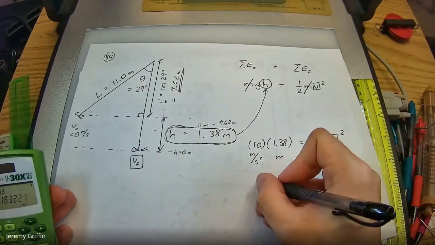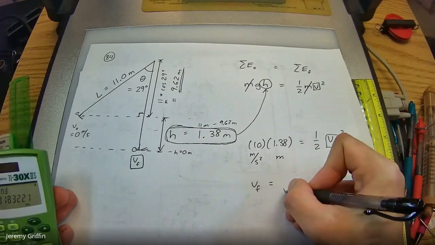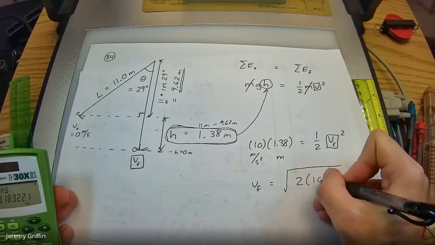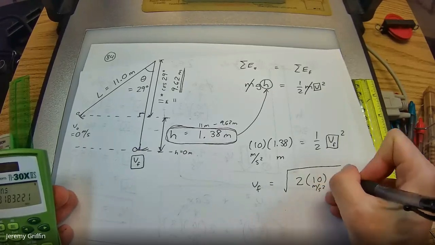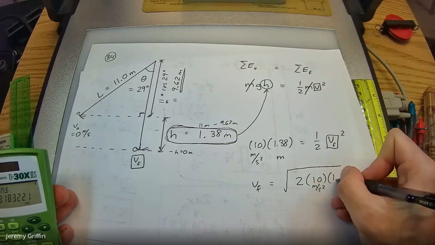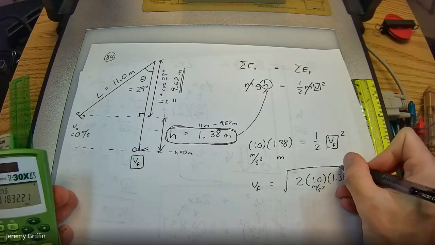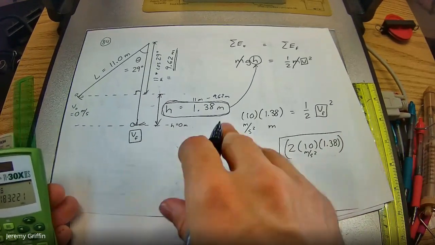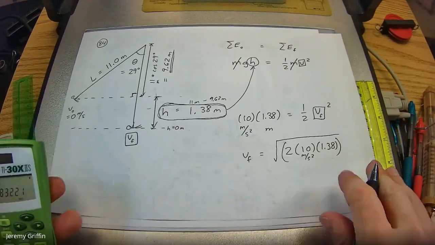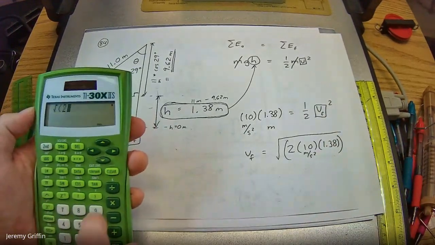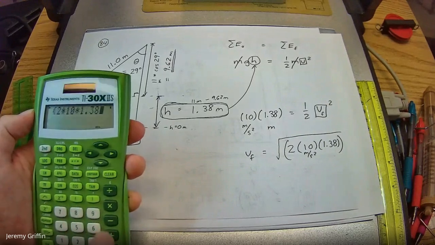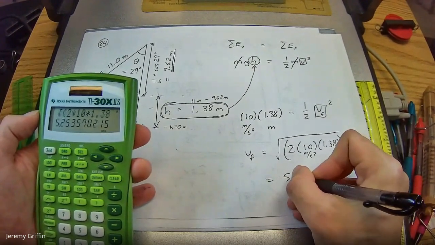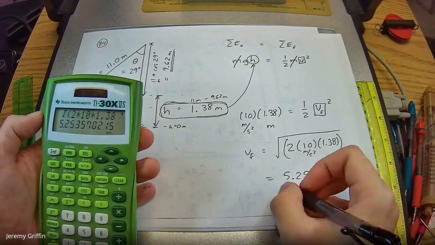V final is a big old square root. Hey, it's the square root 2gh, just like we were thinking a moment ago. There's 2, there's g, there's h, just like the Galileo problem, with the extra geometry problem thrown in the mix. So square root of 2 times 10 times 1.38. I'm looking at 5.25 meters per second.